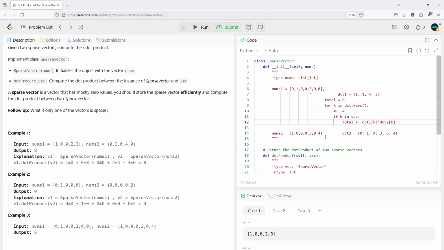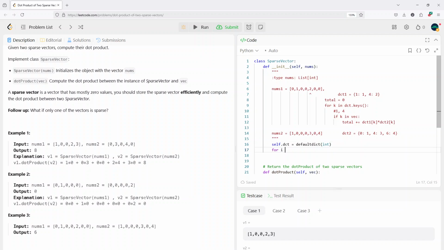So I guess we can go ahead and code this now. We just need to construct dict1 because this is for a single vector. So self.dict equals an empty dictionary, or we could just say this is a default dict of integer, because the dictionary is only going to contain a single integer for each index.